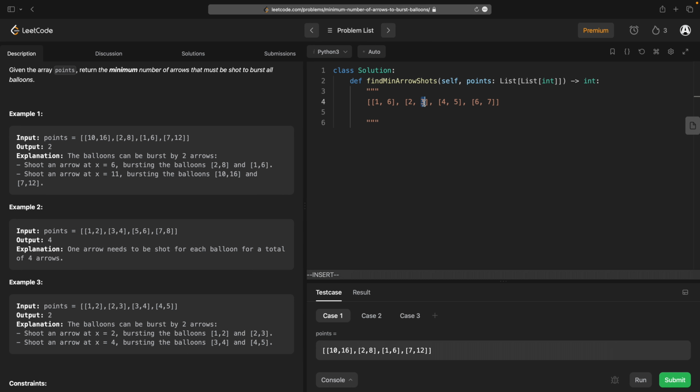The reason I need to stop is because I'm trying to collect as many overlapping balloons as possible, but that means I need to remember where I started. No, this is always working. So I need to keep track of the minimum upper bound that I've seen.